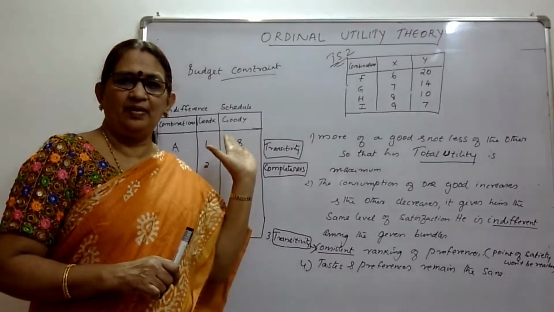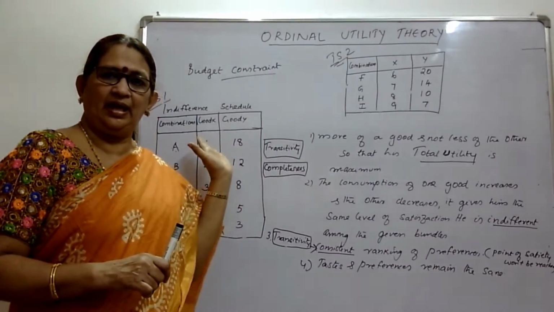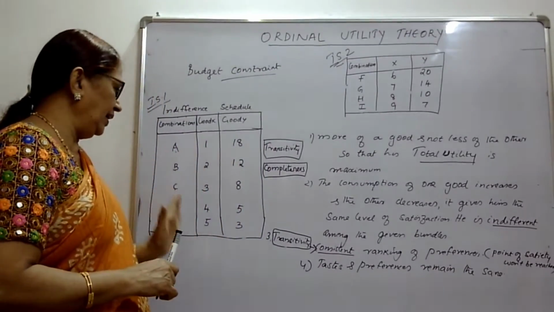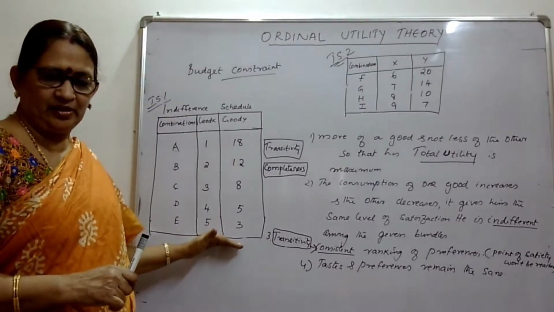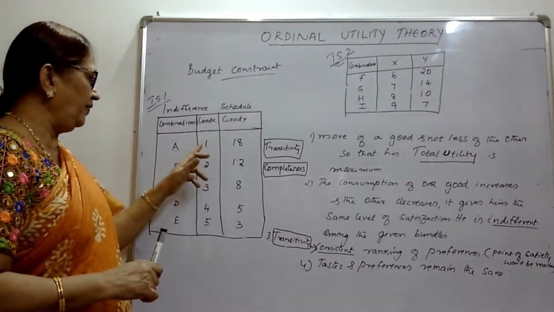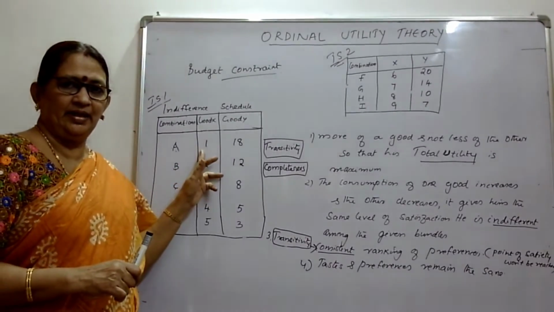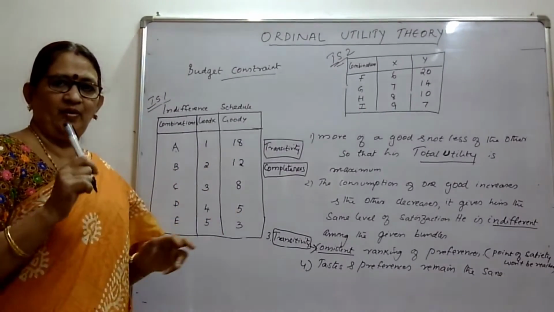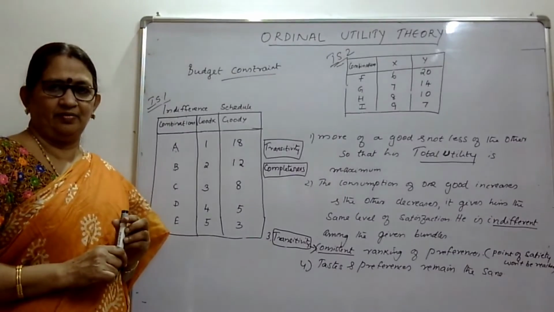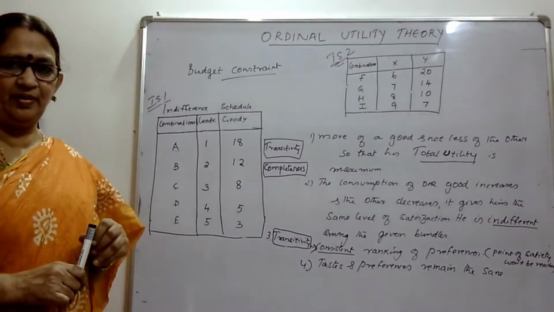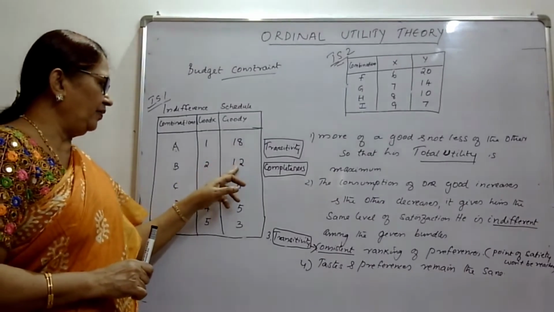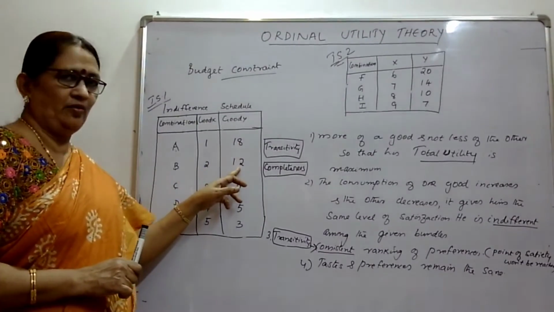So, from the given bundles, he may prefer A or B, C, D, E. All the bundles give him the same level of satisfaction. But if he is preferring the bundle A, that is 1, 18, if he wants to increase the consumption, he may prefer bundle D. So for that, what will he do? He will sacrifice here 6 units of Y.